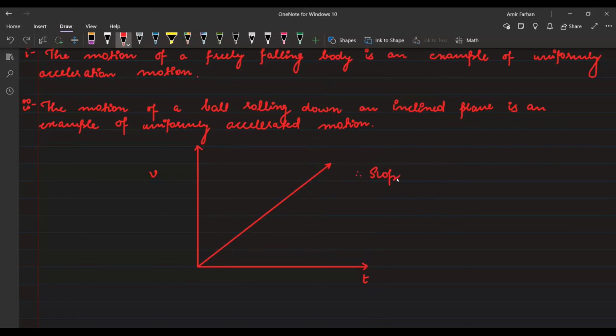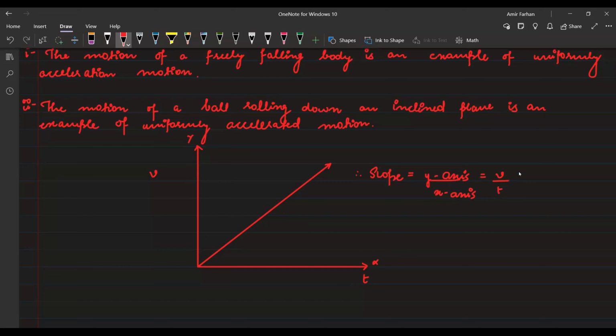Basically, here we'll study about the slope. Slope is the ratio of the y-axis to the x-axis. This is the y-axis, this is the x-axis. On the y-axis velocity is there, and on the x-axis time is there.